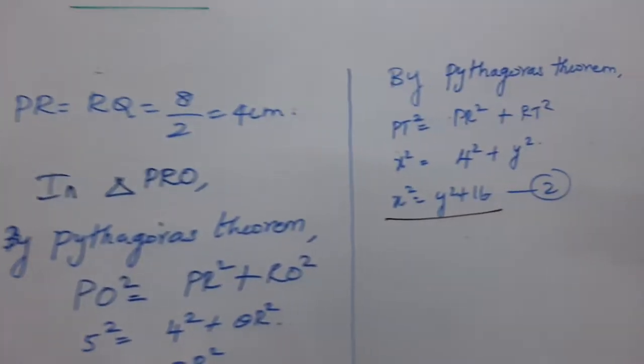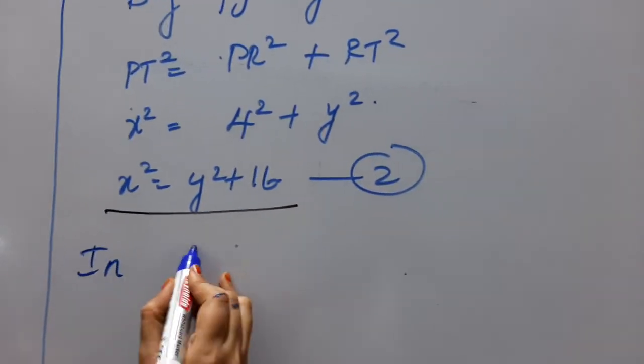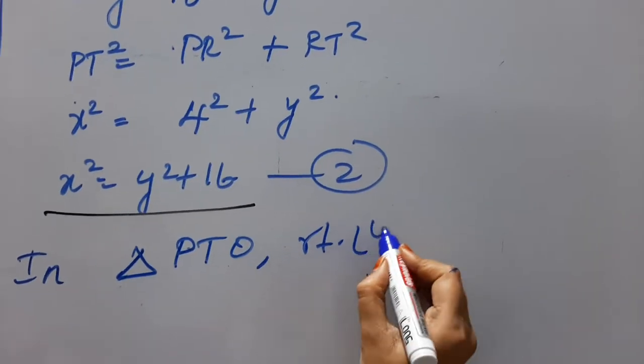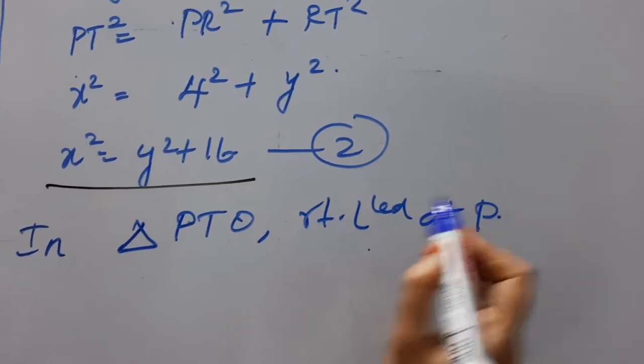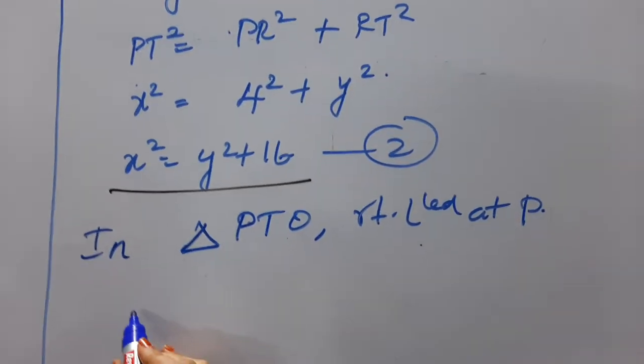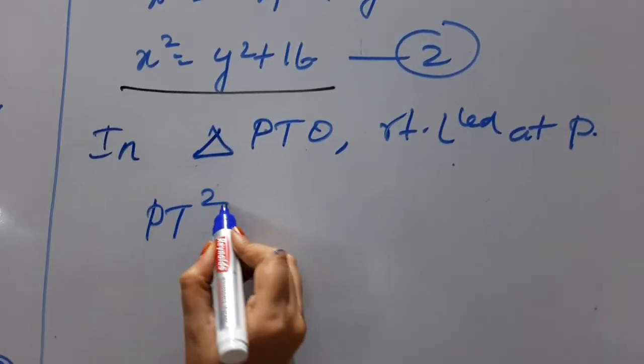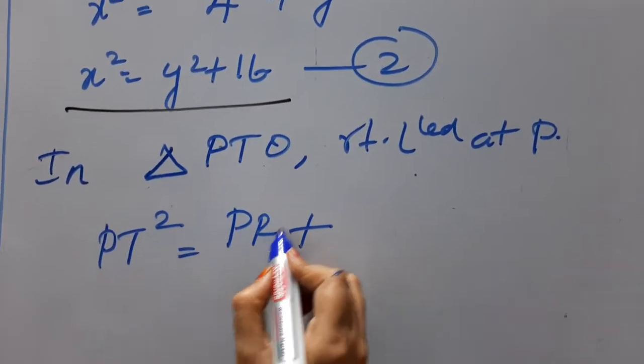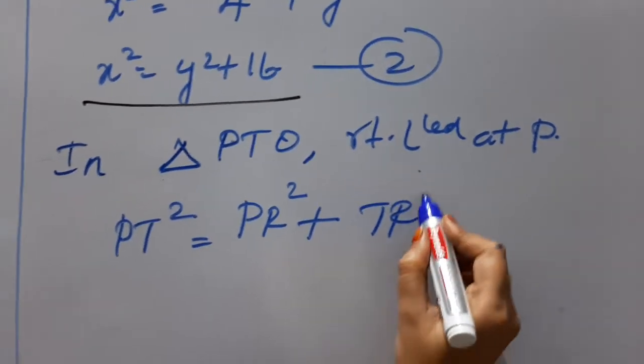Which is the triangle we are considering now? The third and the final triangle PTO, right angled at P, and by Pythagoras theorem what we know, the square of hypotenuse is equal to sum of the square of height plus base square.